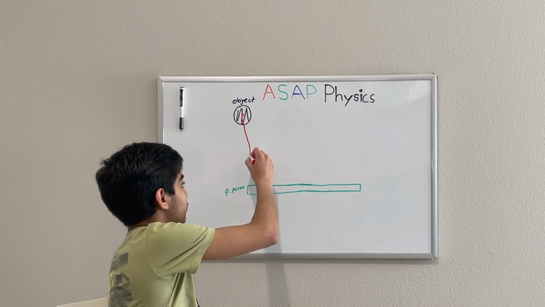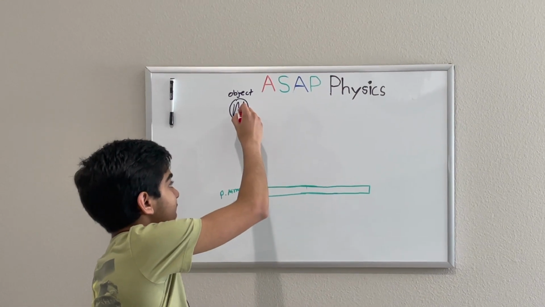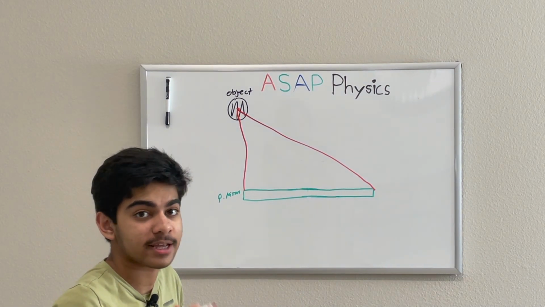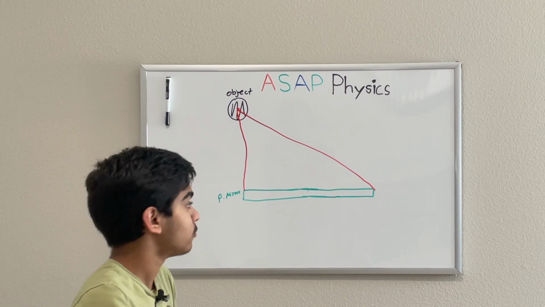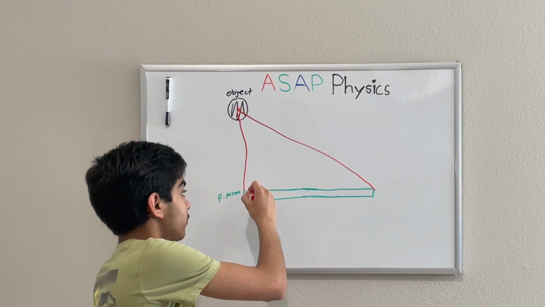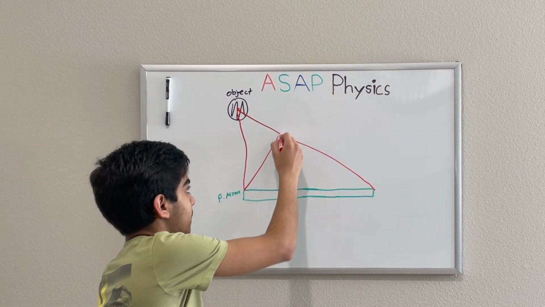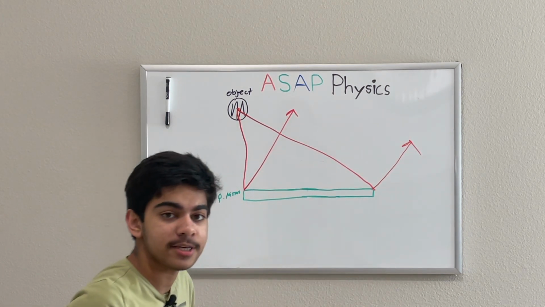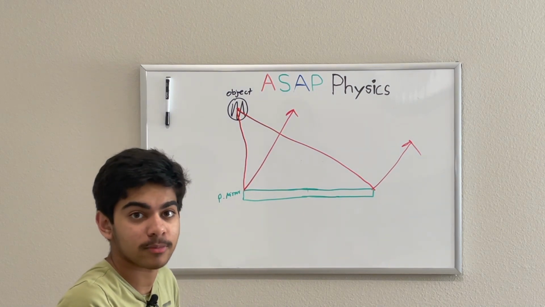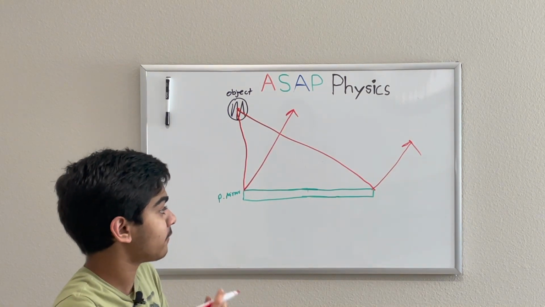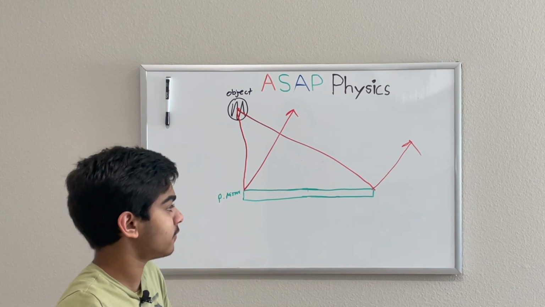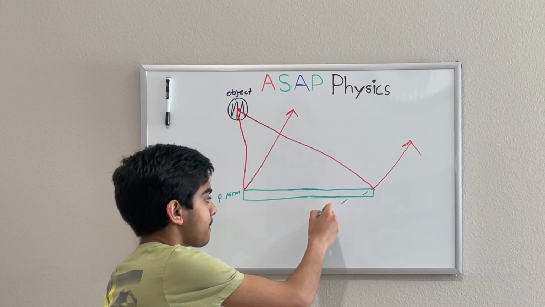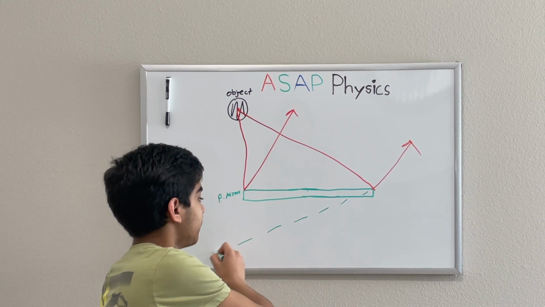This is the first incoming ray coming into this side of the mirror, and this is the second incoming ray that is coming onto this side of the mirror. Now, after we make our line of normal and our line of reflections, we should probably get our line of reflection something like this. Finally, since I don't have space on the whiteboard, I'm going to make this a little more modified, but in order to find the image of this object, we would extend back from the reflected rays and figure out the intersecting point.